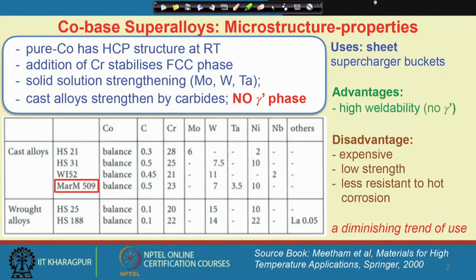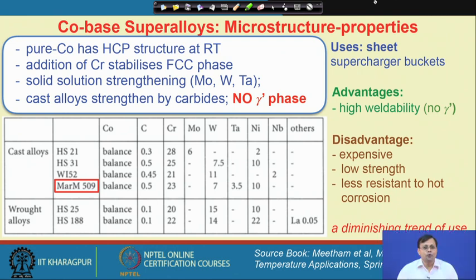So, there are a few facts in case of cobalt based superalloys, because one can always raise a question that cobalt has a hexagonal close packed structure. For designing a superalloy, mostly a matrix of FCC structure is preferred.